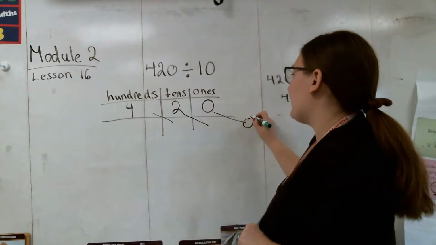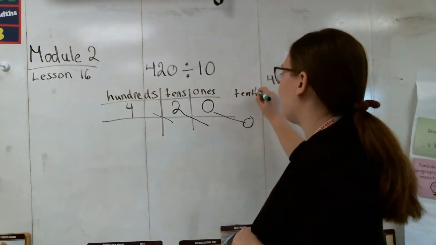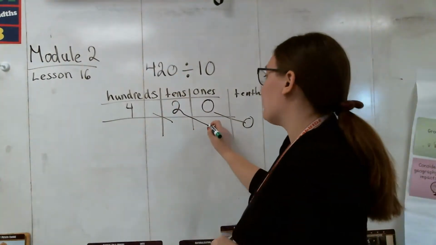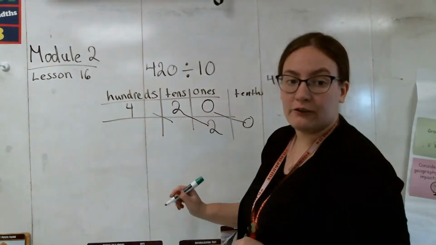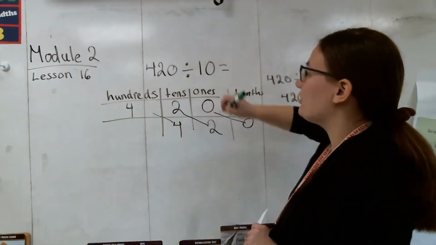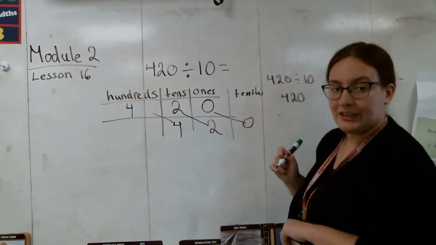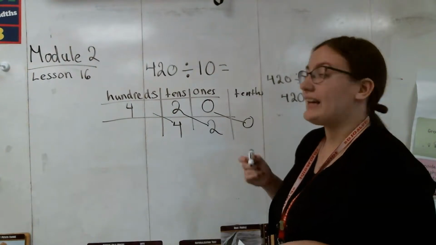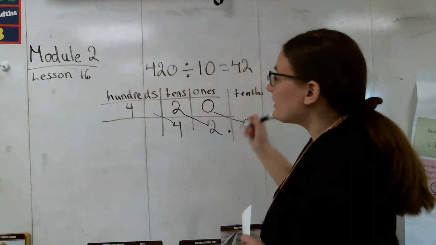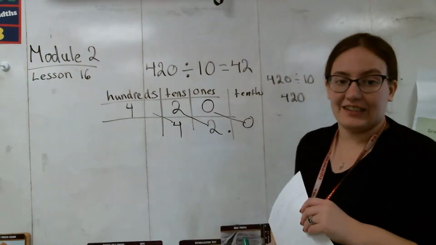So like this 0 would be in my tenths place now. And then my 2 tens will become 2 ones, and my 4 hundreds will become 4 tens. So I could use that method to help me figure out that 420 divided by 10 is just 42. That's one way I could figure out this answer.